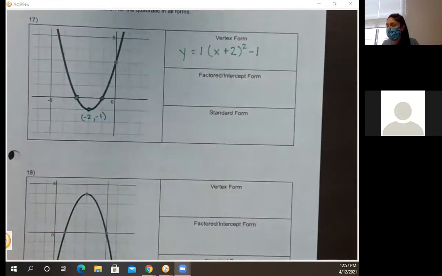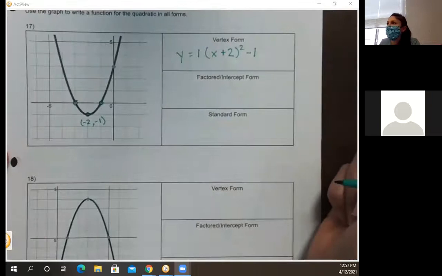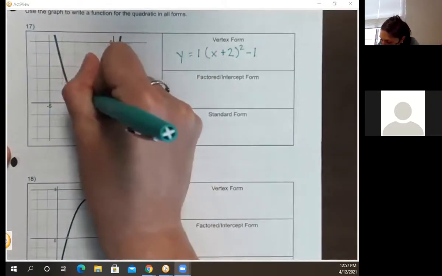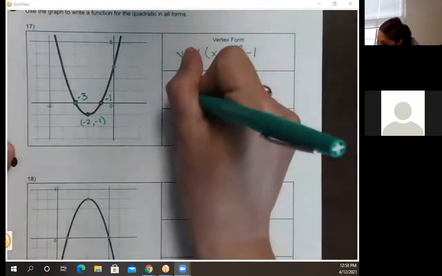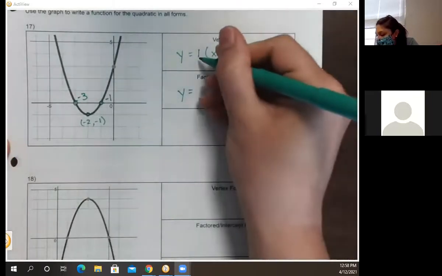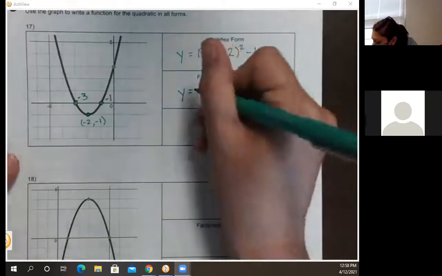And I'm going to show you a different approach. So we know that intercept form gives us the x-intercepts. So if I look at my graph, my x-intercepts are -3 and -1. That means my intercept or factored form is going to have the same lead coefficient as vertex form because the graph has the same shape.